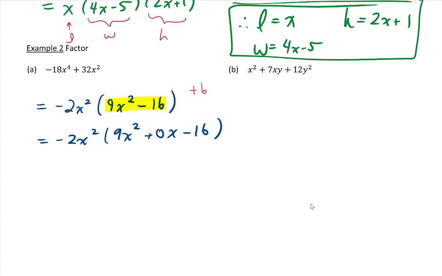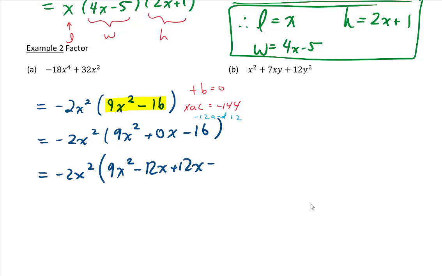Again, we need two numbers that add to 0 and multiply to negative 144. 9 times negative 16. If we square root the 144, we know that the numbers will be negative 12 and positive 12. So we end up with negative 2x squared times 9x squared minus 12x plus 12x minus 16. Again, we're going to factor by grouping.